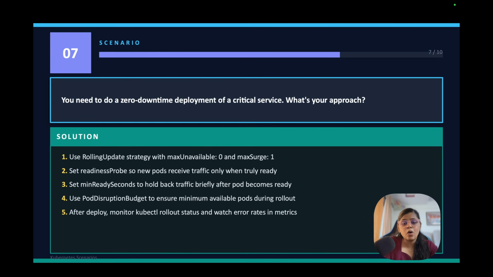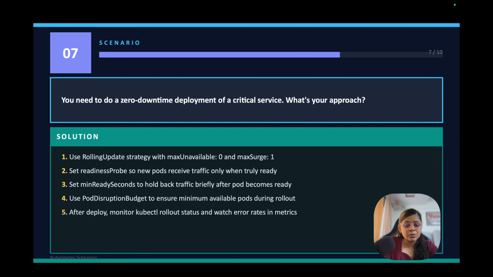Because if 2 of them are coming up, at least one among the old is available, so that if there is any issue with the new one while going from pending to running state, during that time we at least have one old one, right? So this is about maxSurge. So you can make use of maxUnavailable equal to 0 and maxSurge equal to 1.